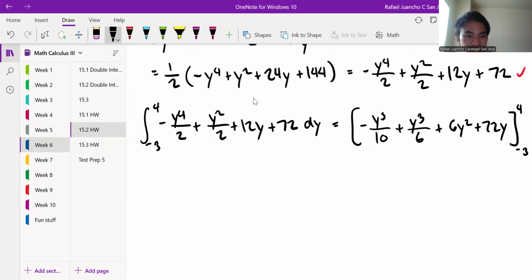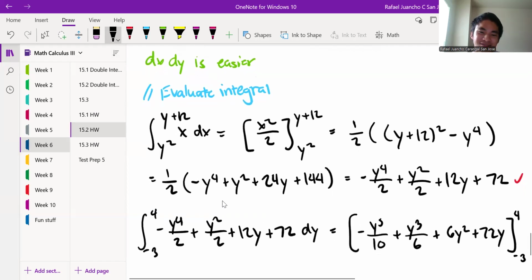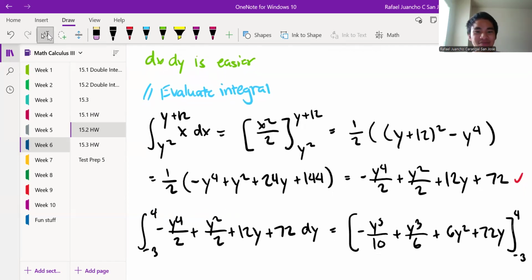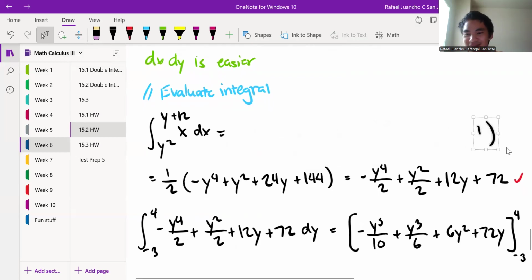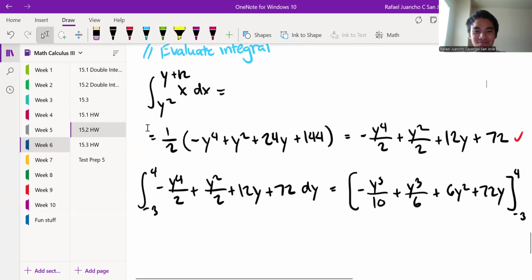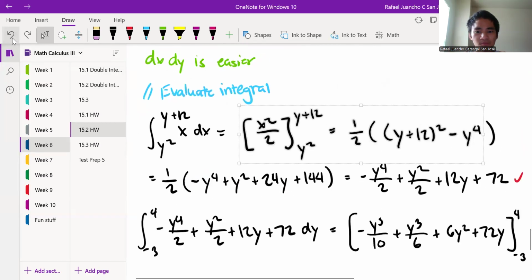Whew, that's something. Oh God, why was the simplification so nice here? Why did I mess it up? Wait a minute. Am I doing it wrong?